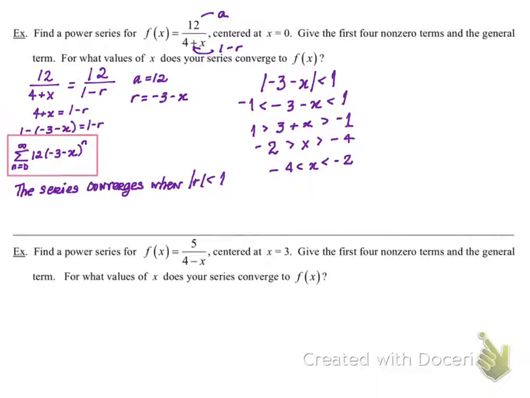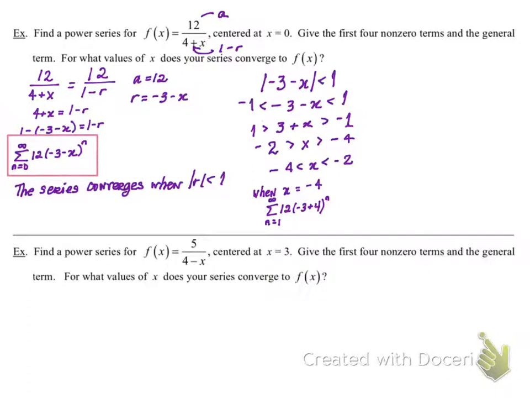So here we go. I solved for x to figure out for what values of x the series converges, and now I need to look at the endpoints. And we see that when x equals -4, we just have a series of 1 plus 1 plus 1 plus 1 plus 1 plus 1.